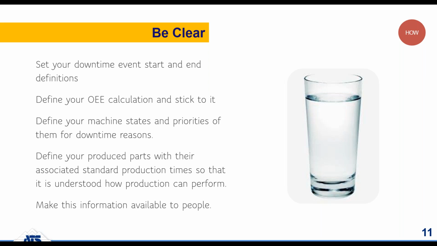Define your machine states and prioritize them for downtime reasons. Yeah? A machine state is every possible condition that your machine or process can be in. For example, faulted, running, blocked, etc. These states can be customized for your particular process and can go as detailed as you like. But they should be given priorities, with the more detailed state taking priority.